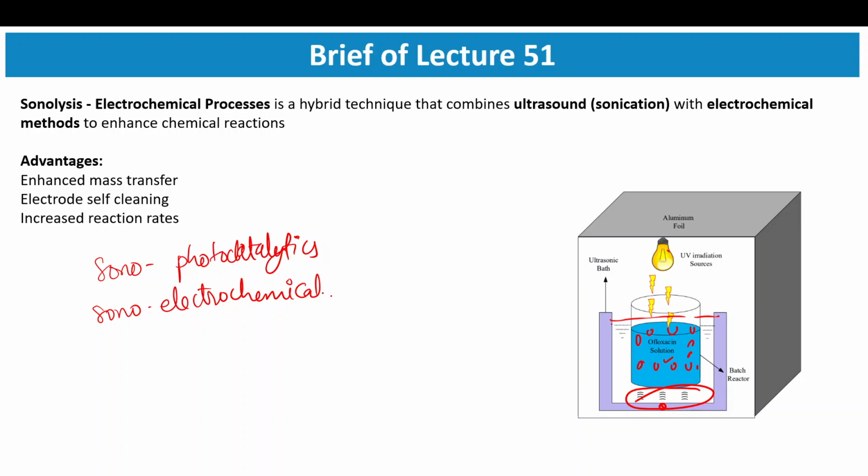Depending on the combination, you can have the process name, and you can choose the process depending on your application, right? For example, if you combine sonolysis and electrochemical process, then you are combining ultrasound and electrochemical methods. So you will have electrodes and you will have ultrasound passed through that electrochemical cell, right?